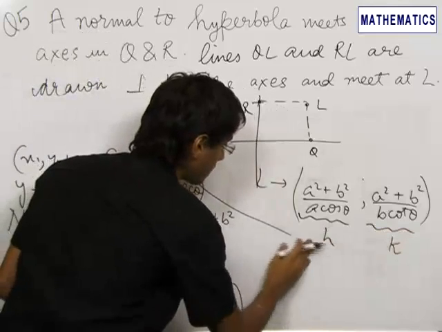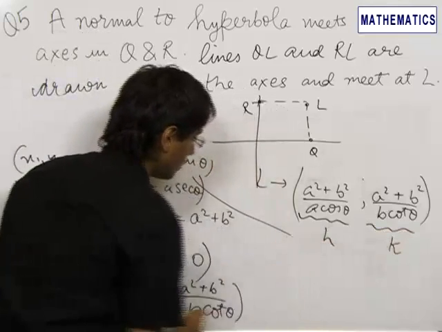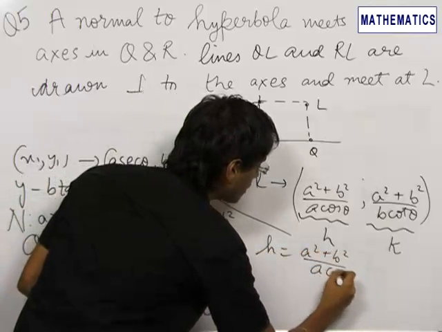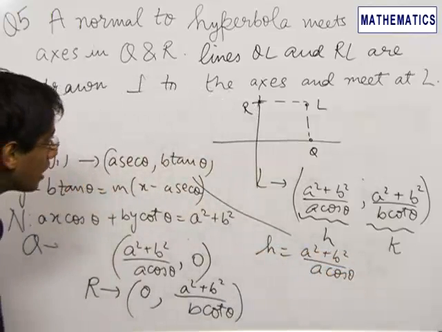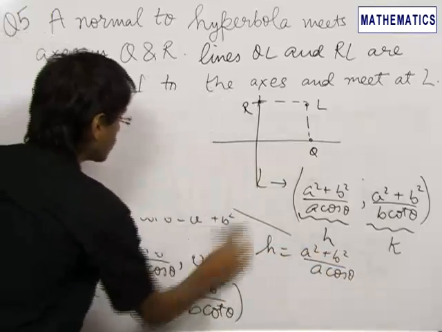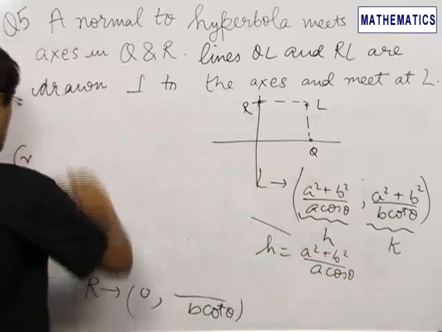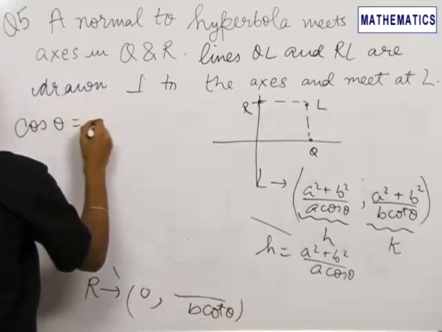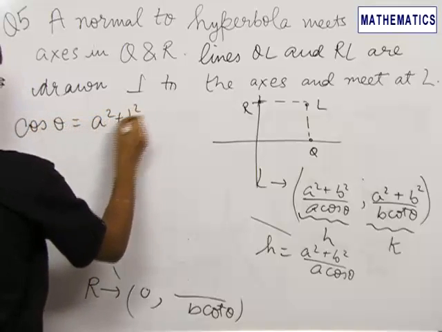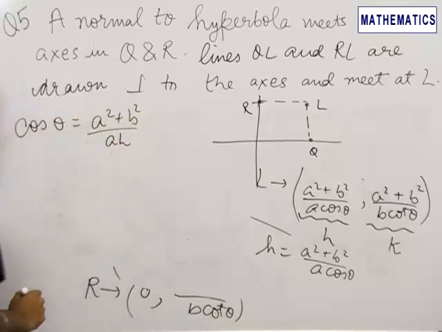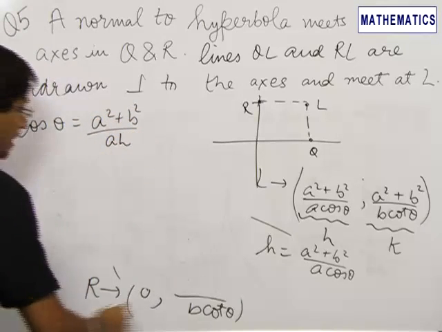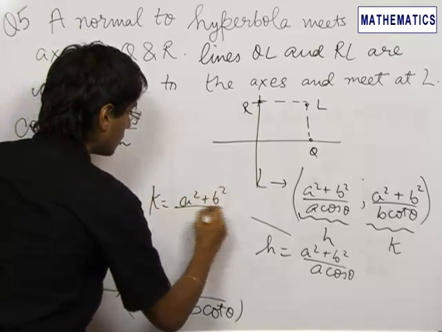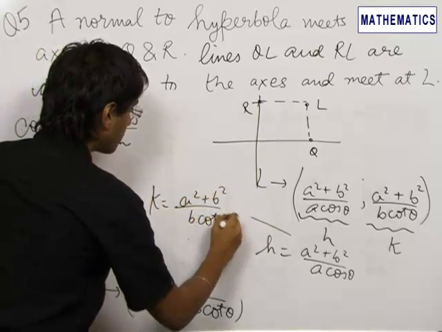So H is equal to a square plus b square upon a cos theta. Hence the value of cos theta becomes a square plus b square upon aH. The value of K is a square plus b square upon b cot theta.